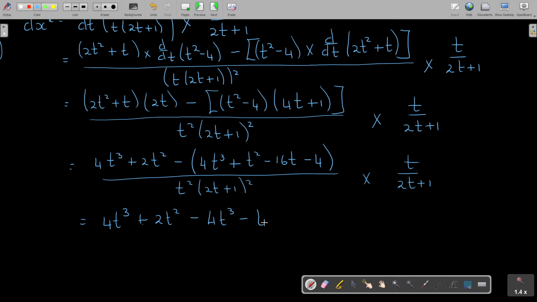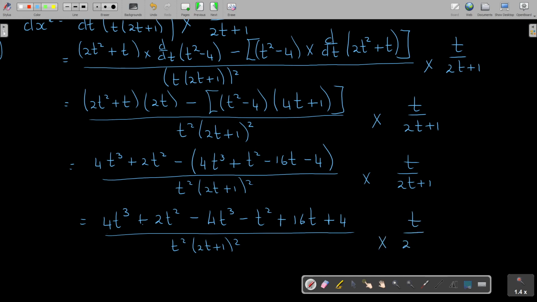t cubed minus t squared plus 16t plus 4, over t squared, 2t plus 1 squared. Okay, let's simplify. Don't forget, I still have to, I'm just running it around. 2t plus 1.